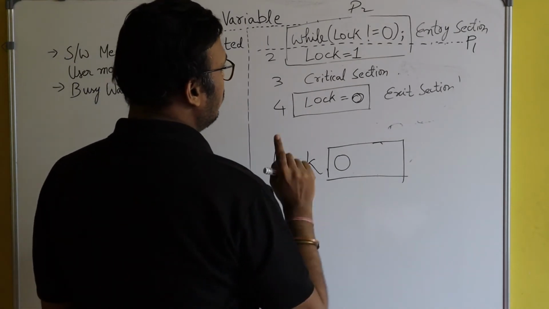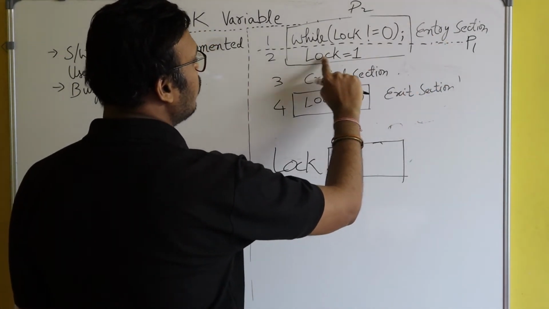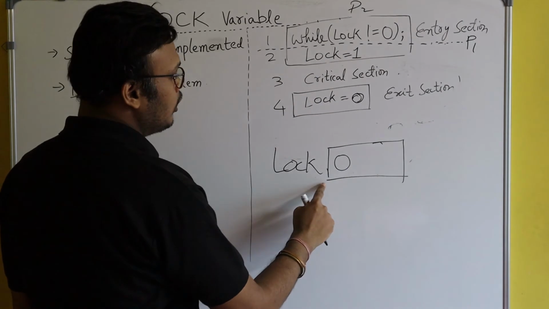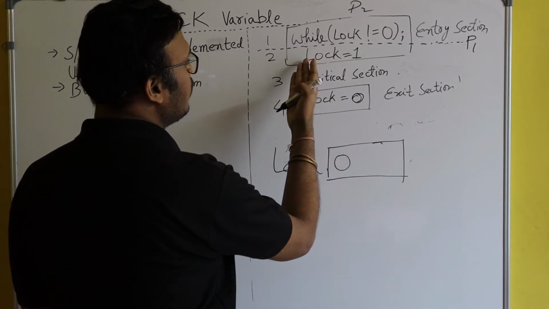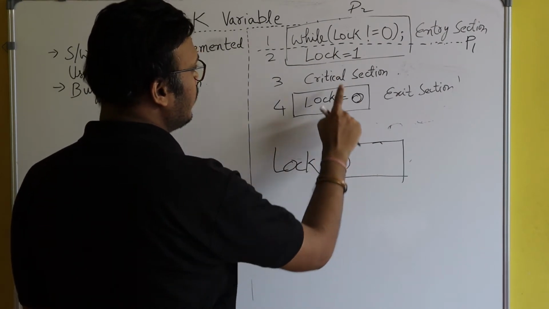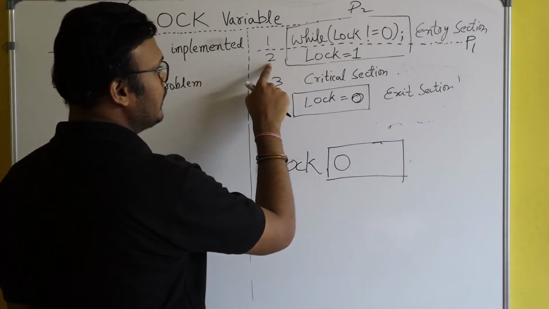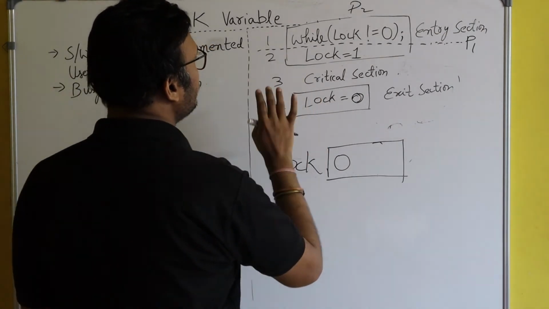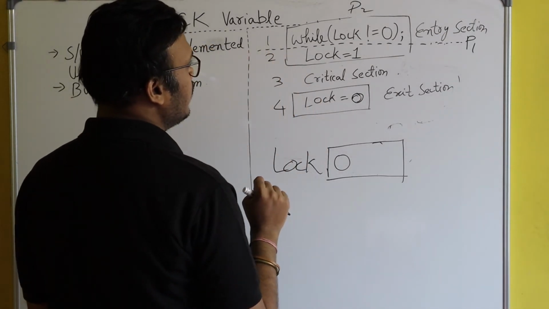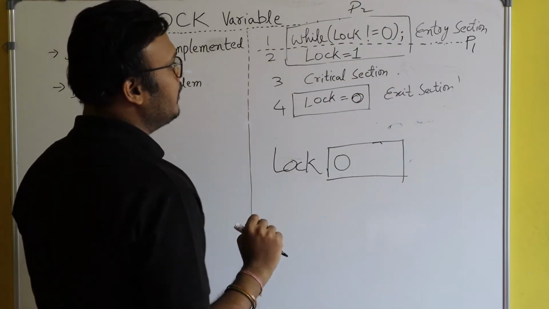So the lock value will remain 0, because it is not updated to 1 as written in line number 2. And now preemption has occurred, so the CPU is given to process P2.